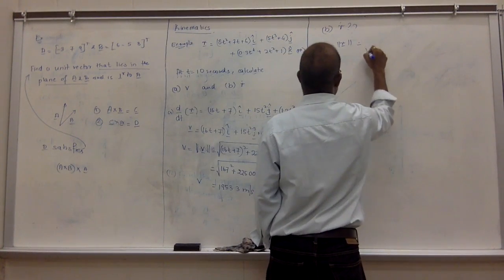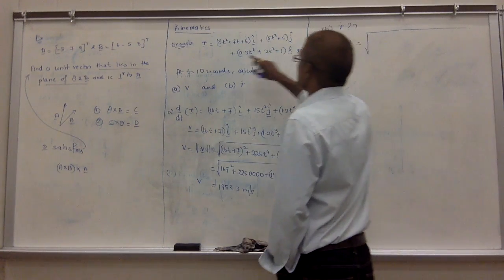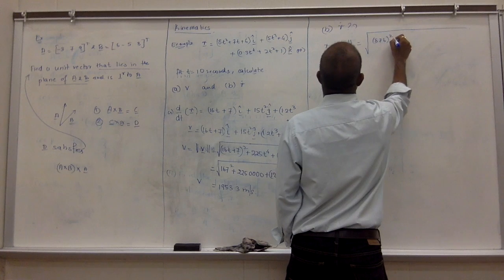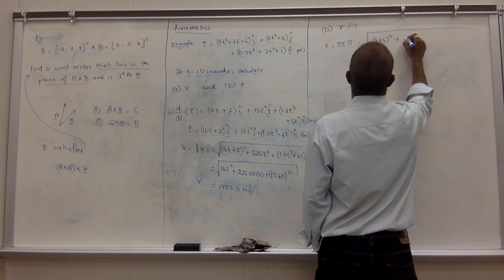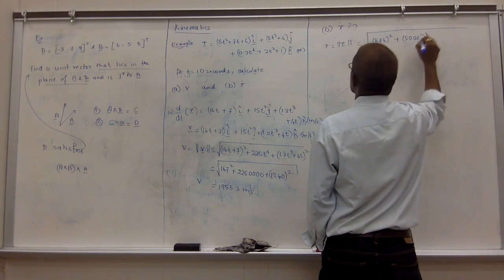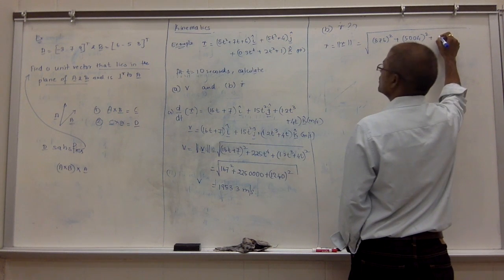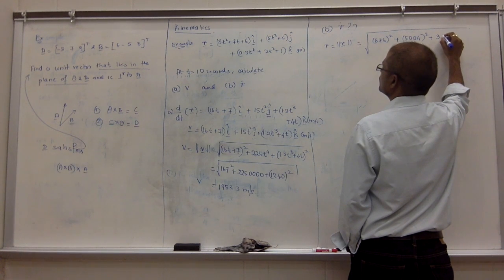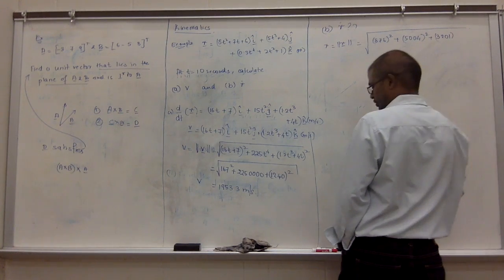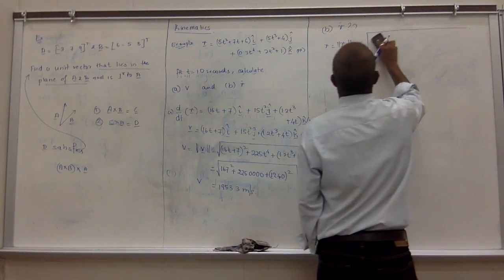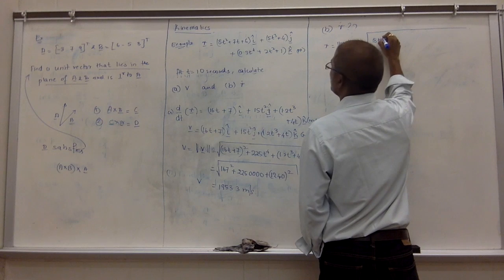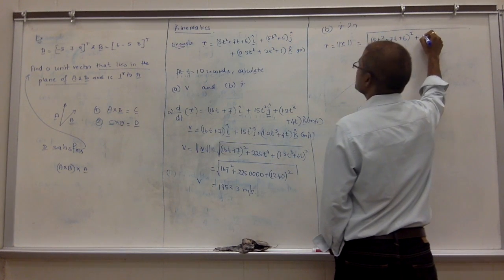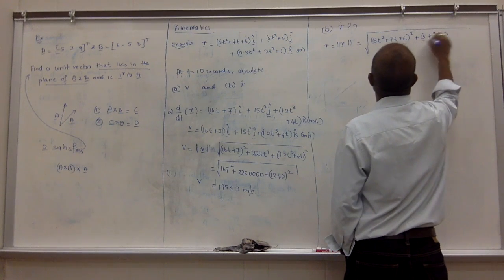It is the square root of (800 plus 70 plus 6) square plus (504) square. Actually, it's (8t square plus 7t plus 6) square plus (5t cube plus 4) square.